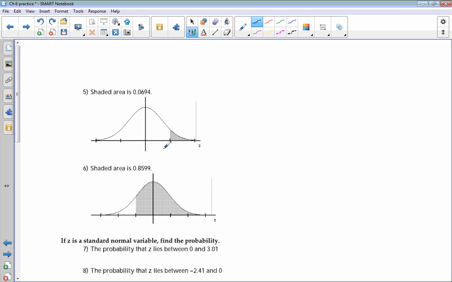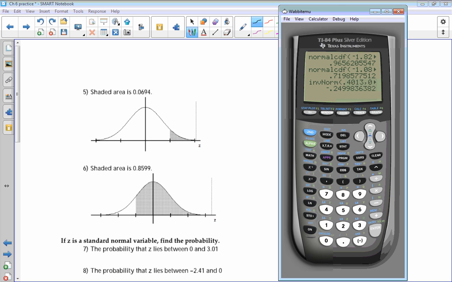Then I could find out that z. On my calculator, it's a little bit easier again. Again, we're going to use the second distribution. Cursor down to inverse. My area now is 0.0694.